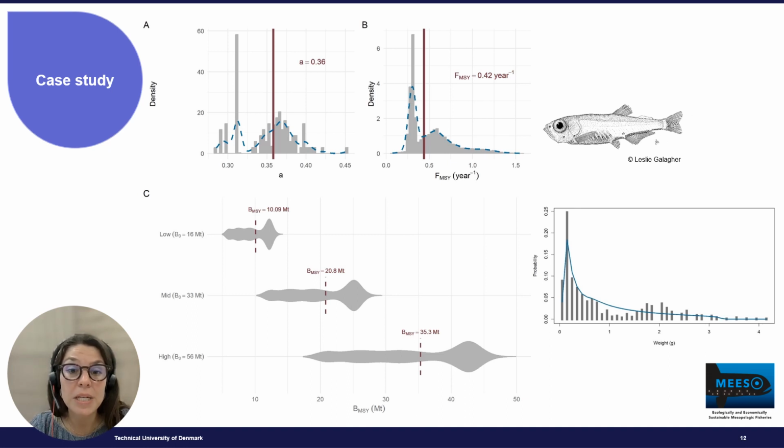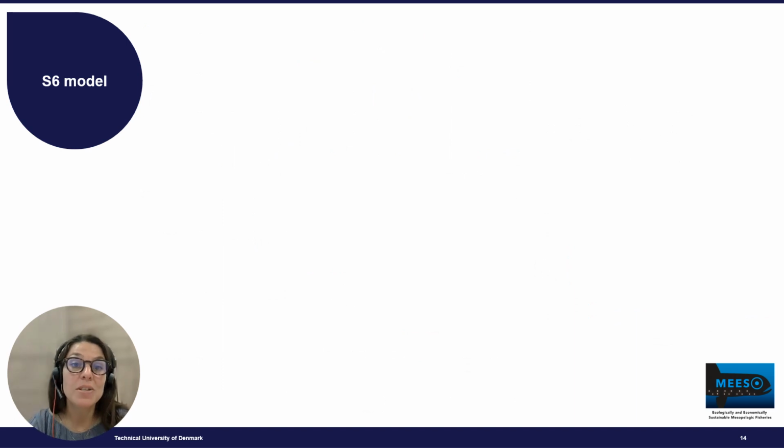And panel C in the bottom shows the distribution of BMSY for the different scenarios of low, intermediate, and high total biomass. And the figure here on the right shows the model fit to the size distribution data. This was just an example of the type of results you can obtain using the S6 model applied in highly uncertain and unexploited conditions.